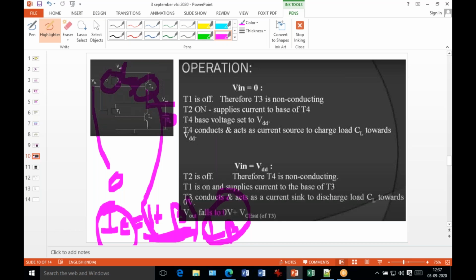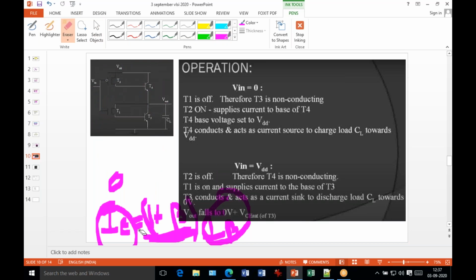In all cases the beta is something like 50 or 100. Of course, my emitter current is very high. If a higher value is multiplied by a lower value, you still get a higher value. That is the important feature of bipolar transistors: your load capacitor is very quickly charged based on the emitter current. So this is the one case.